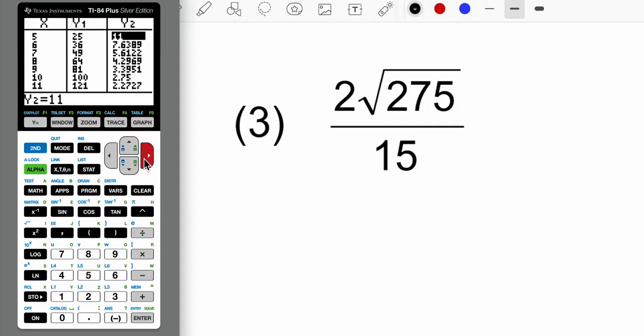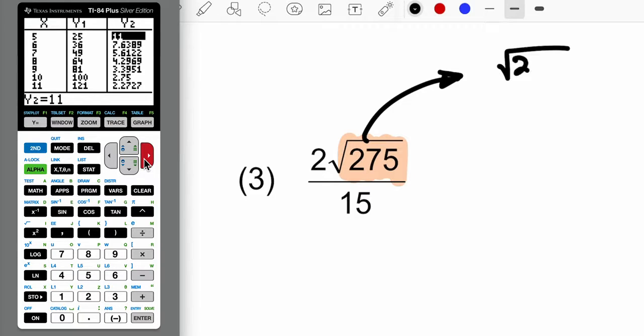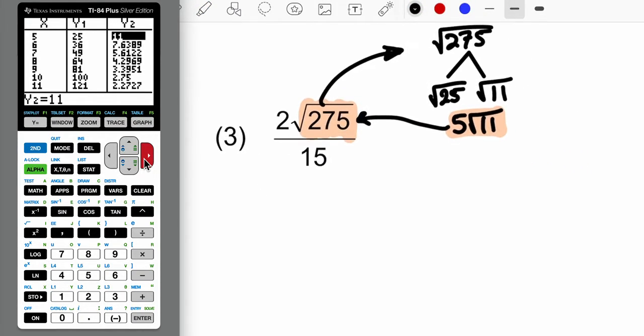All right, so I'd look at this and say, well, if I pull this out, make it its own problem, rad 275, that's equivalent, like side work. We have 25 and 11. Those are my winners. I'm looking at 5 radical 11. That 5 radical 11 replaces the rad 275.